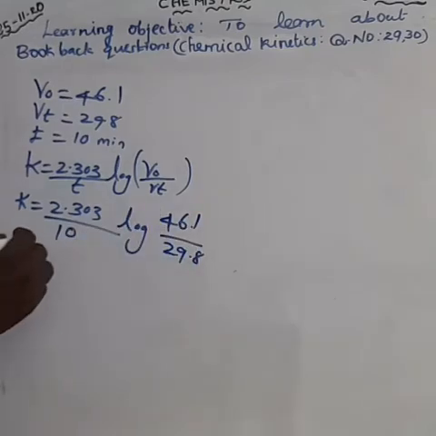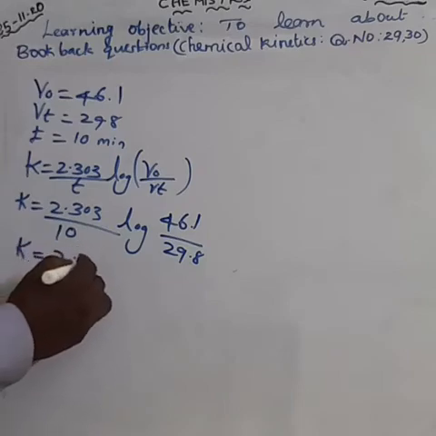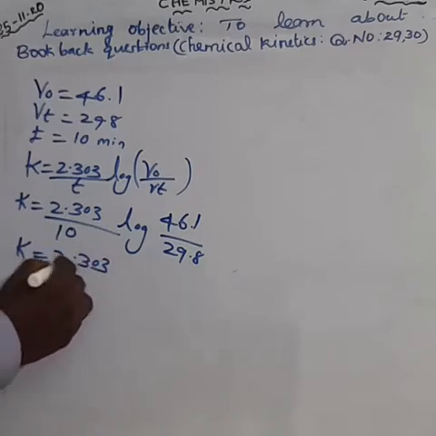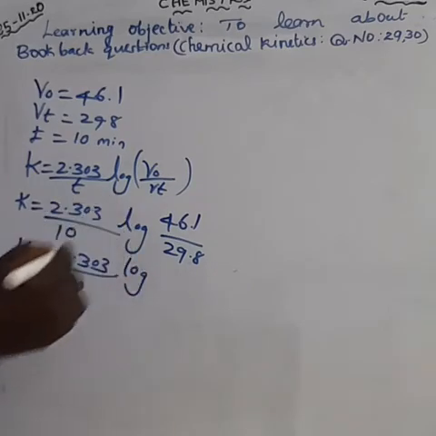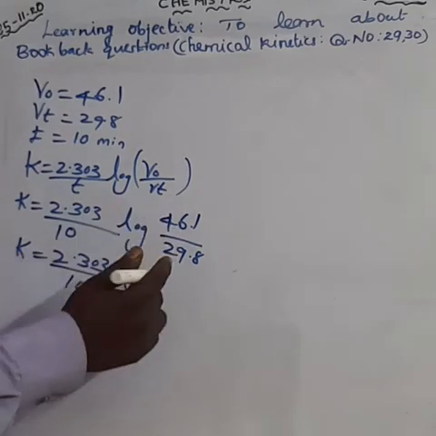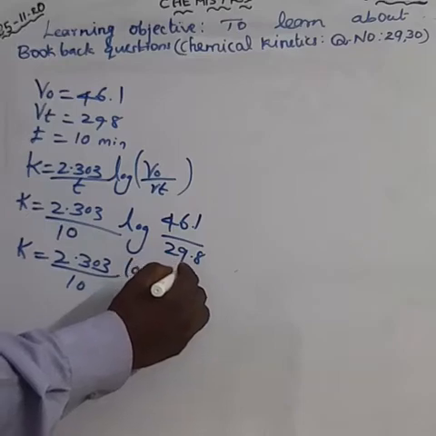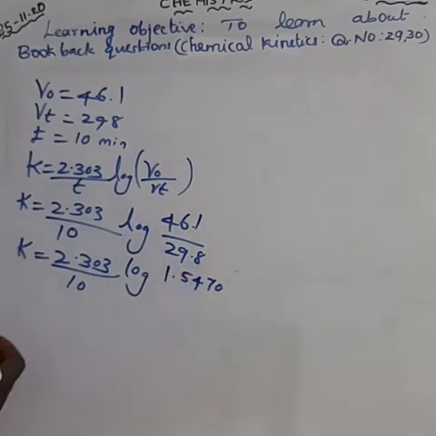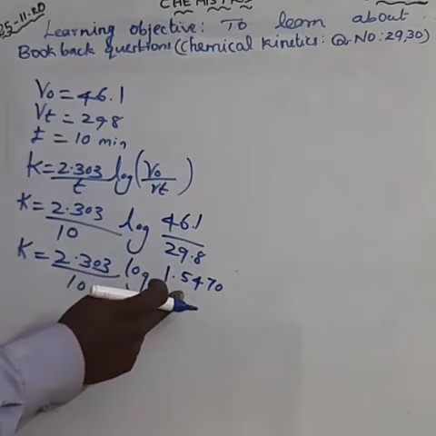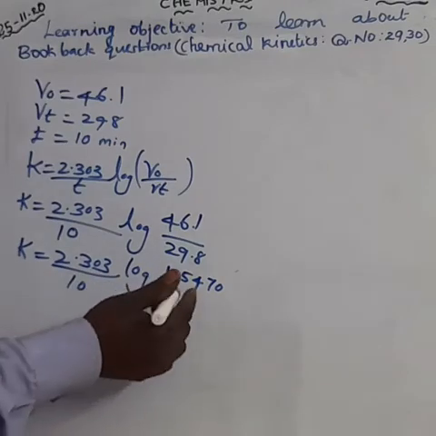So K is equal to 2.303 divided by 10 log of, when you divide these values, 1.5470.